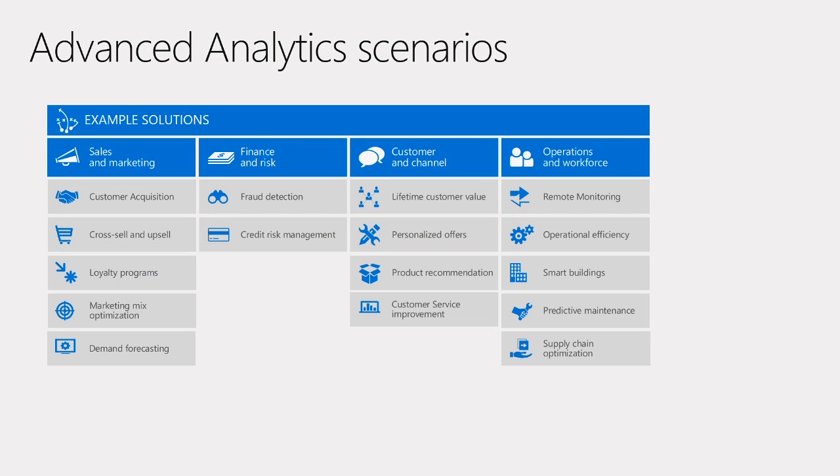So here are some of the scenarios in sales and marketing, if you want to find a way to relate to it. Customer acquisition, cross-sell, upsell, loyalty programs, marketing mix. You go and buy stuff and, like at the grocery store, they print a pile of coupons for you.